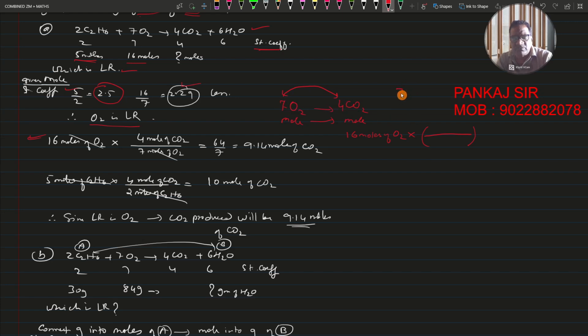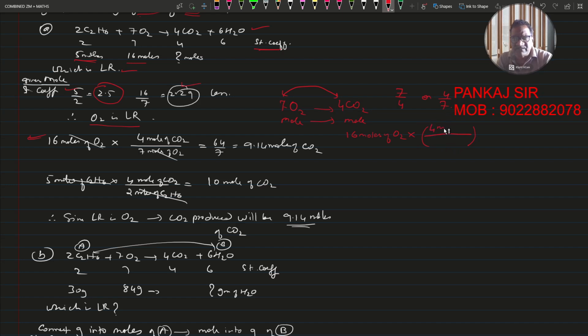The mole ratio can be either 7 upon 4 or 4 upon 7. But you have to take it in such a way that moles of oxygen is in the denominator, so that it cancels out the moles of oxygen in the numerator. So I will prefer 4 upon 7.